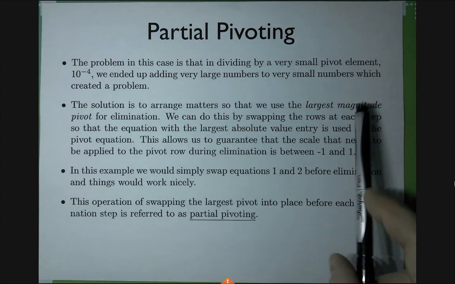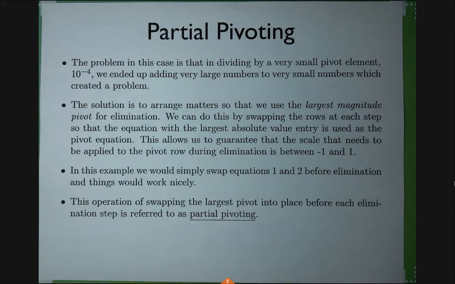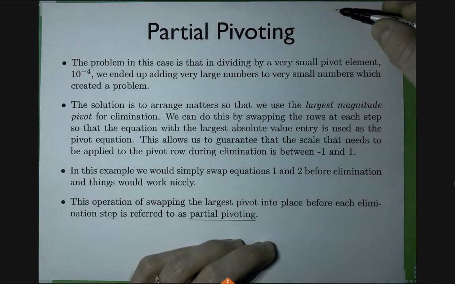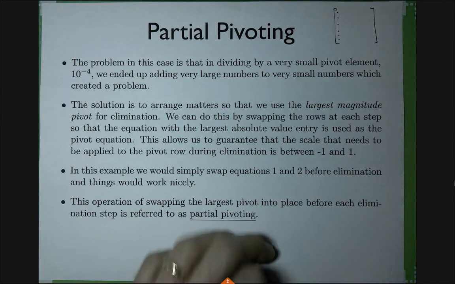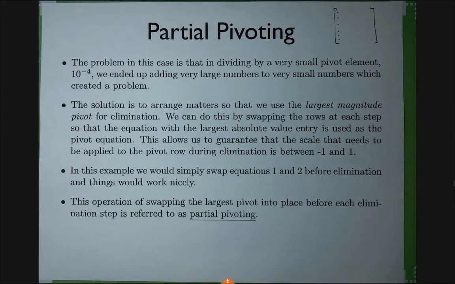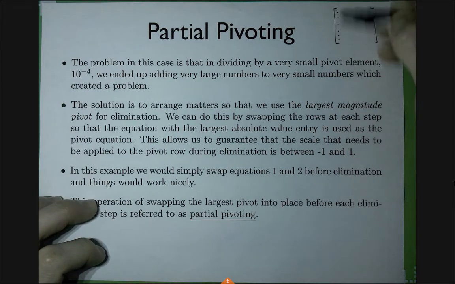By magnitude, I mean we look at the numbers in absolute value. So if I have my system in a matrix, I can just look at all these elements, take their absolute value, and look which one has the largest absolute value, which is the biggest guy in this column.